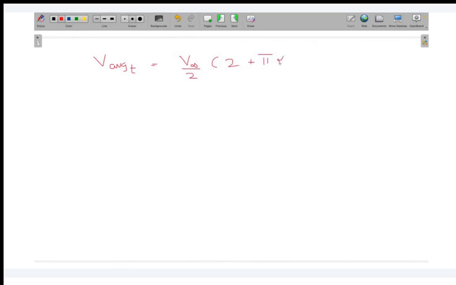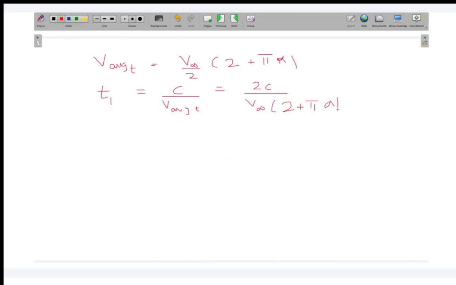And similarly, your t at the top, which is nothing but t1, is going to be c divided by velocity average at the top, which is nothing but 2c divided by v infinity into 2 plus pi alpha.